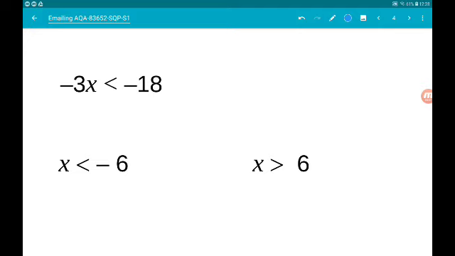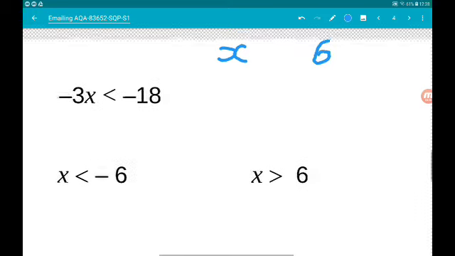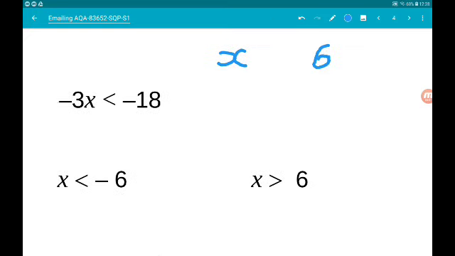If we do that, on the left we will get x, and on the right we will get 6. Now, if you divide an inequality through by a negative number, or multiply through by a negative number, the direction of the sign changes. So we'd actually get x is greater than 6.